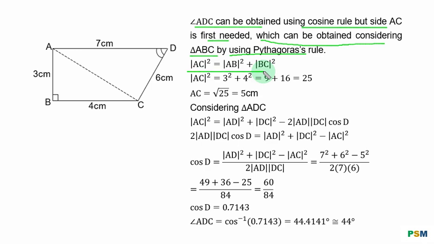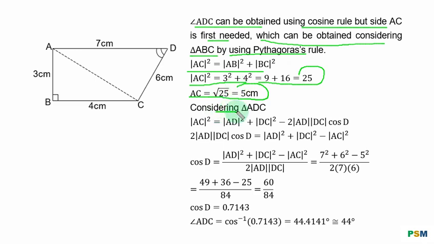Square on AC is equal to sum of squares on the other two sides. AC square is equal to 3 square plus 4 square. That is 9 plus 16 equal to 25. AC becomes square root of 25 equal to 5 centimeters.